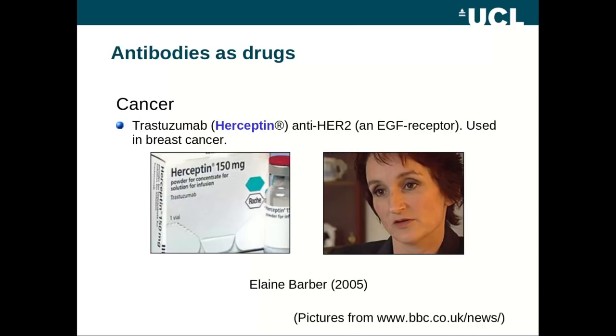Now, this was quite an old news story from 2005 when this lady, Elaine Barber, was refused Herceptin by her local primary care trust because of the expense of these antibody-based drugs.